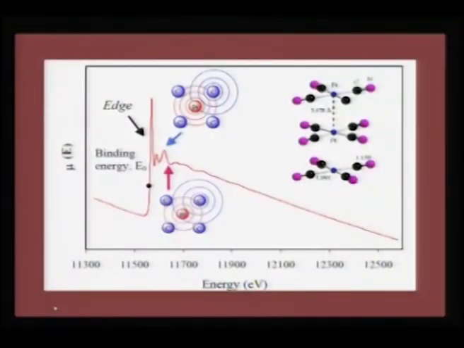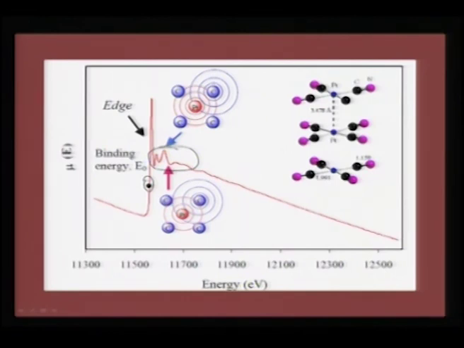And there are other things that happen apart from the edge, where you have, for example, this platinum tetracyano complex, where you see additional features coming, and these are called the near edge fine structure due to XAS.